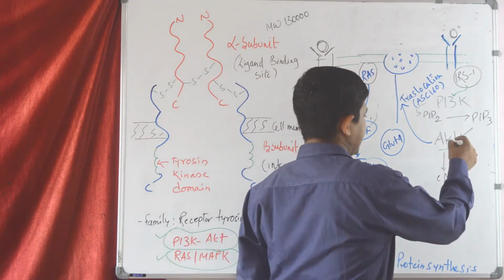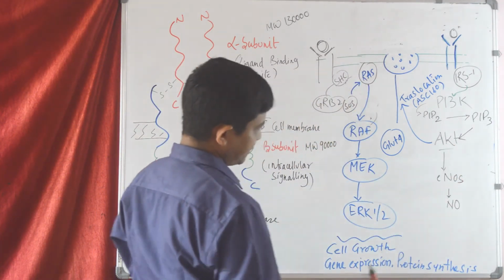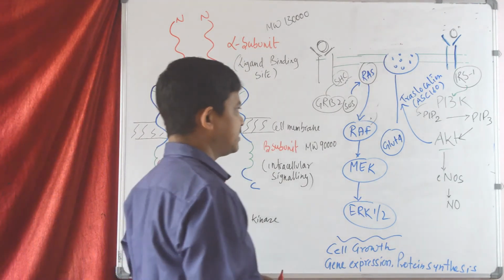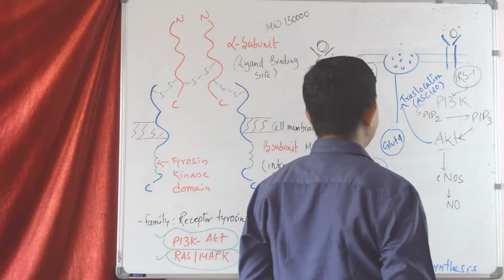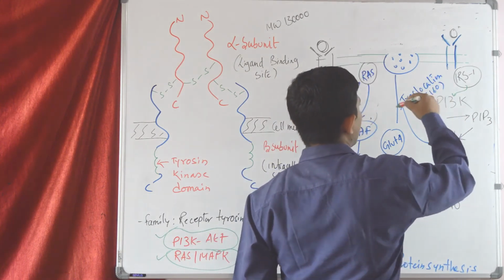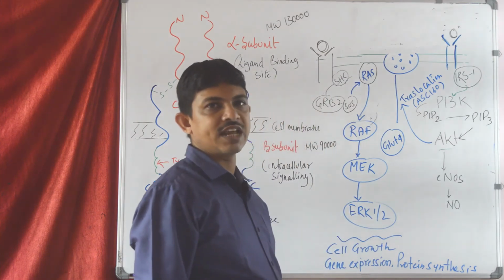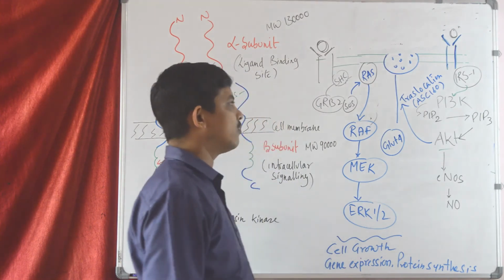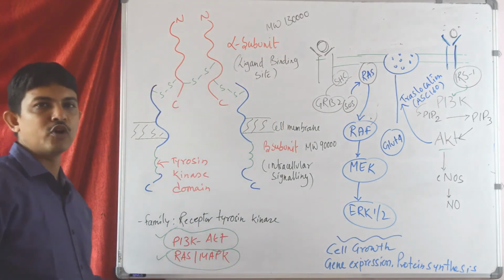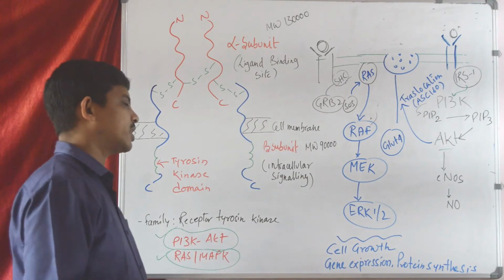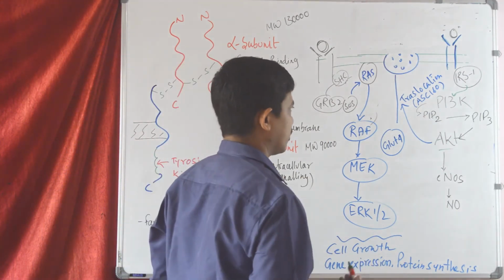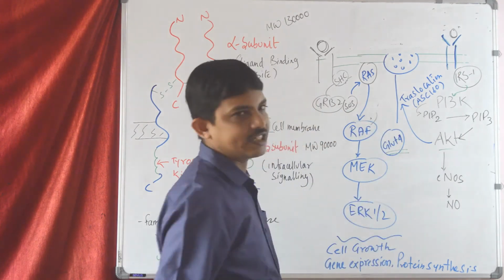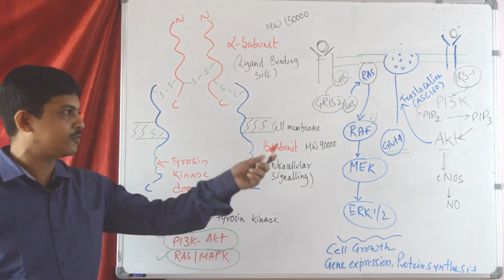Now this AKT leads to eNOS and NO synthesis, but it is mainly responsible for translocation. There are different translocation proteins, like AS160. So AKT is responsible for promoting the translocation of GLUT4.